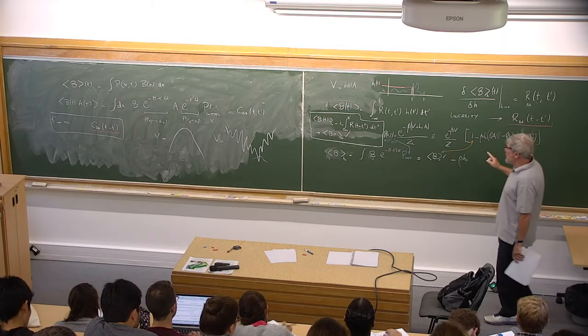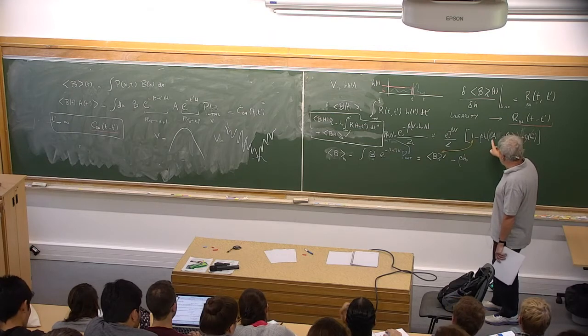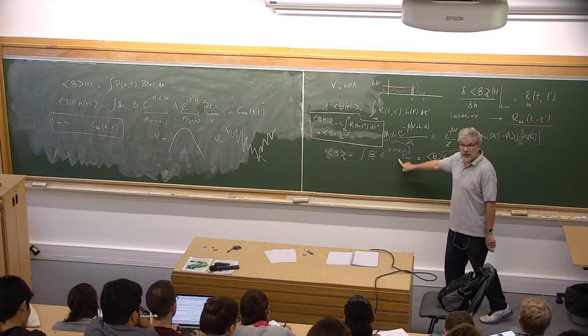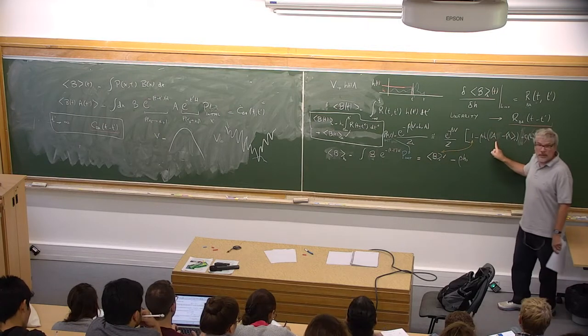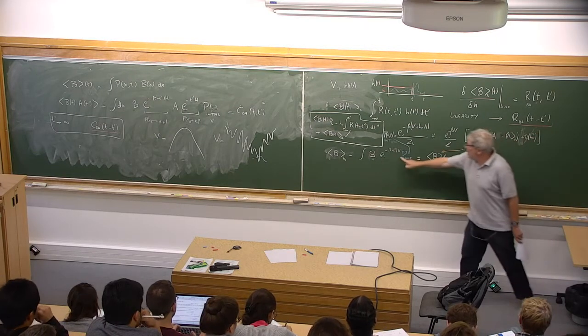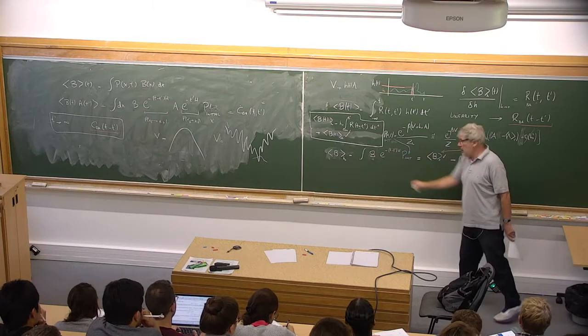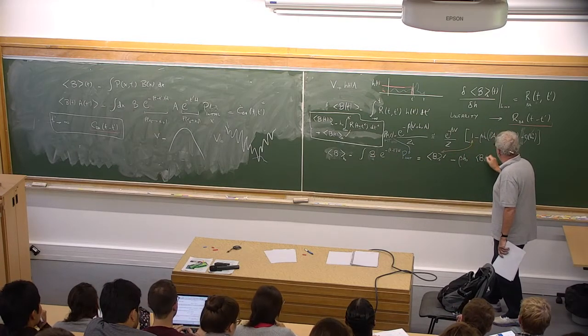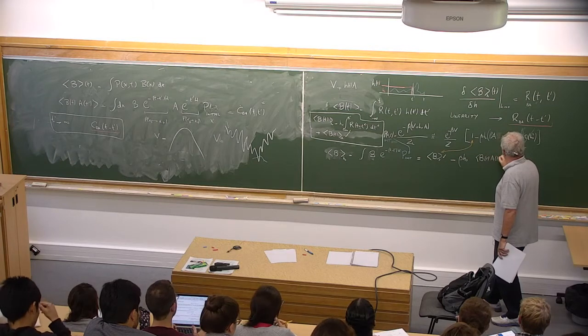And now the interesting term here is that there's going to be an A here coming from here and a B coming from here. So this first term will give me the correlation of B of t with A of t prime.